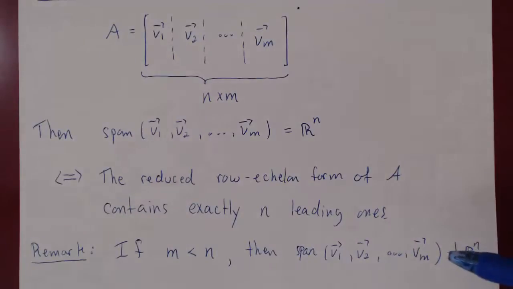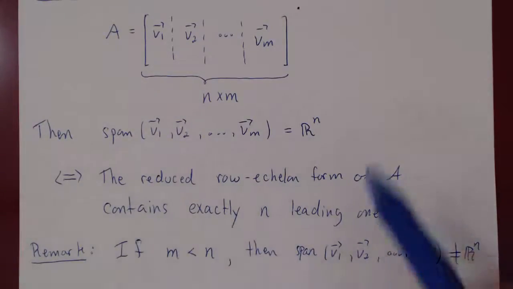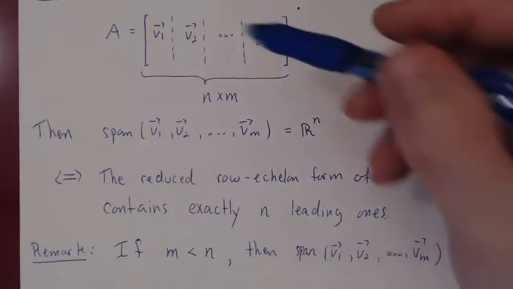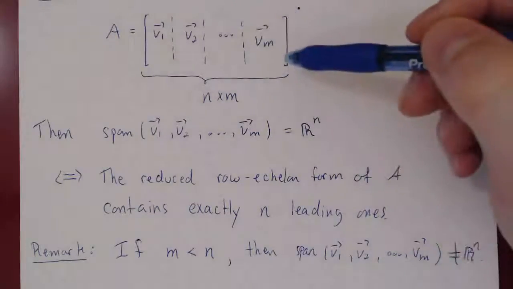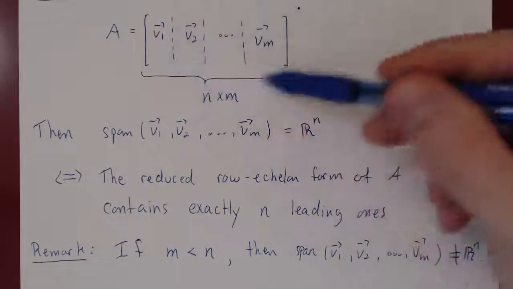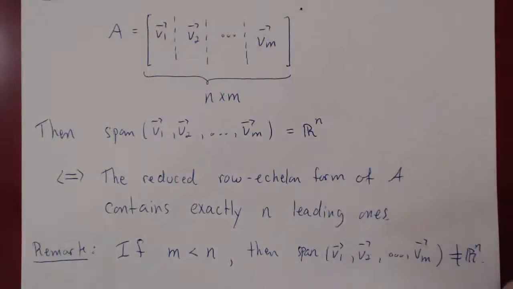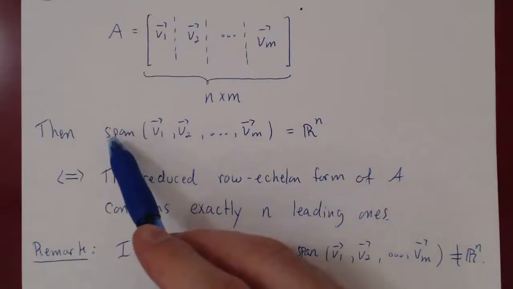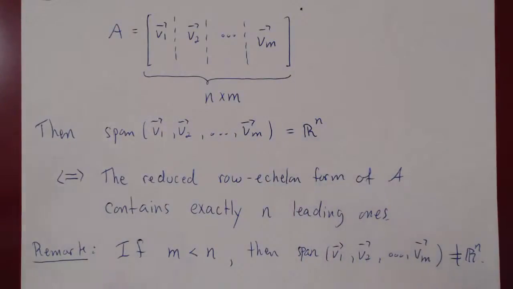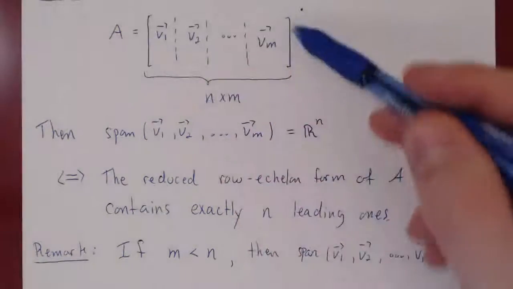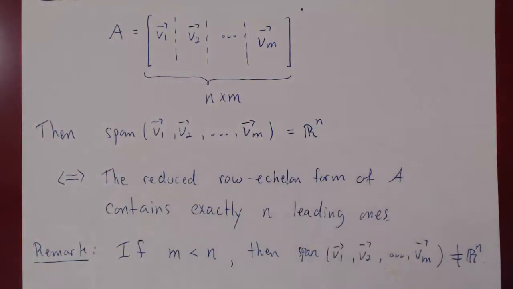So whenever you talk about linear dependence or independence of vectors, or the span being Rn, all you have to do is build the matrix where the columns of the matrix are the vectors of interest, and when you row reduce this matrix, you will simultaneously get the answer about linear dependence or independence, and whether or not the span of the vectors will give you all of Rn. So we have boiled down these two new concepts to the familiar concept of reducing a matrix and counting the leading ones.